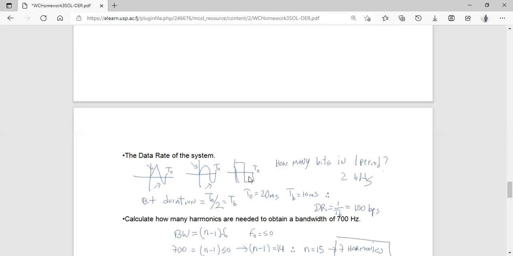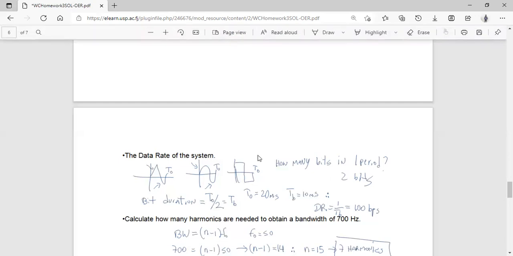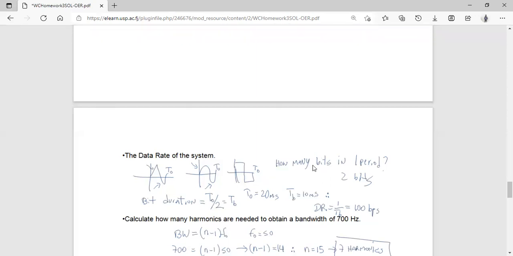We have a value of 1 and 0. The upper part will represent the 1, the lower part will represent 0. So in one cycle, you are transmitting 2 bits. Do you guys agree? Yes. Okay.